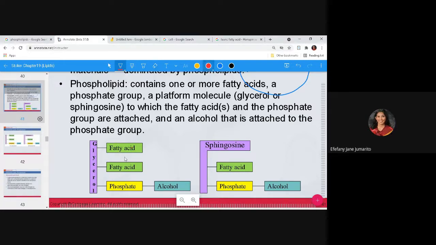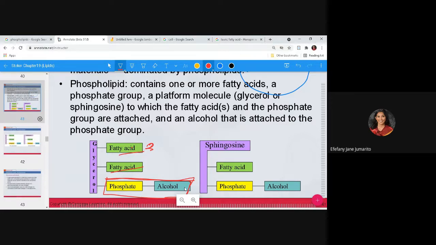Two. We have two fatty acids. In our triacylglycerols, these are also fatty acids. But here, in phospholipids, there are only two fatty acids, and the third one is your phosphate and then your alcohol group.